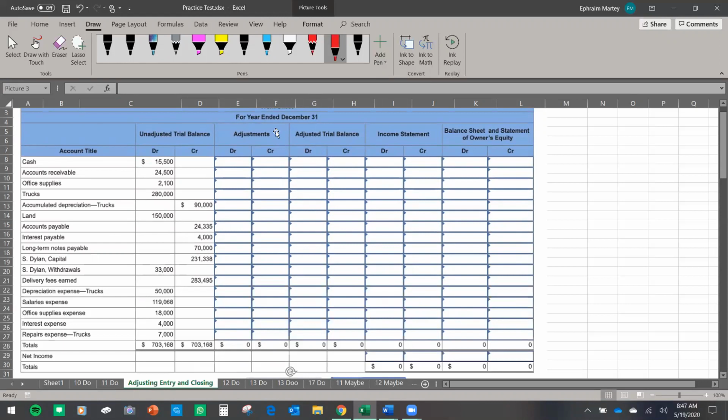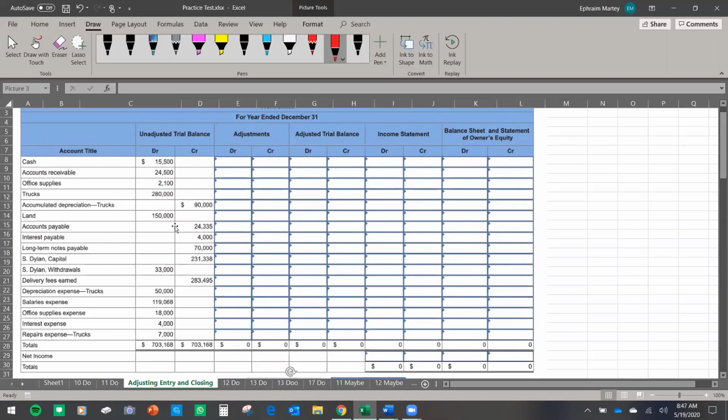Adjustment means you are changing numbers: either adding numbers or reducing numbers, increasing cash or reducing cash, or whatever account you have been given. At the end of the period, you realize that you used something that you need to record. So you are just recording something you didn't record throughout the period. That's what the trial balance gives us the opportunity to do, to adjust it so we can have an adjusted trial balance.